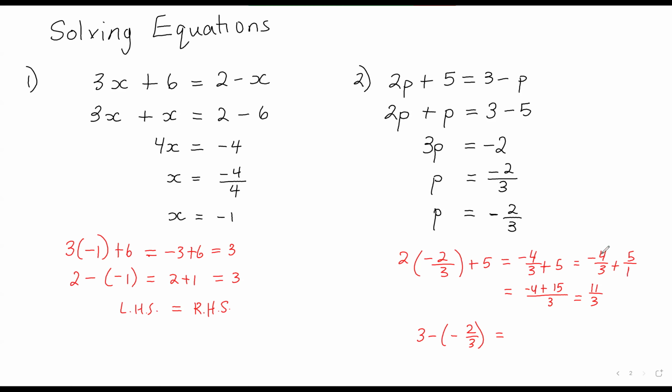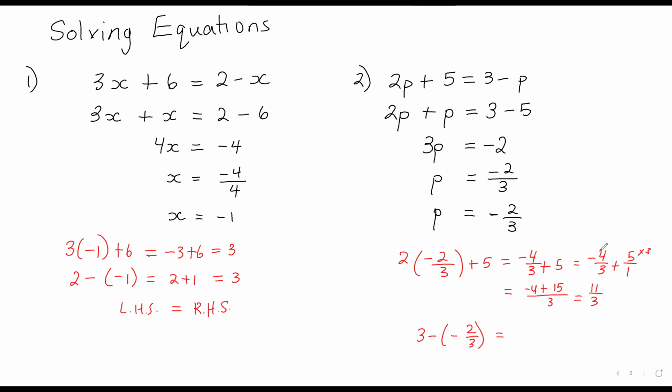So negative 4 over 3 will remain as negative 4 over 3 because it's already out of 3. But 5 wholes is 15 thirds because 1 into 3 is 3 and then 5 times 3 is 15. That's where I got the 15 from. So that's how come I got negative 4 plus 15 is equal to 11 over 3.